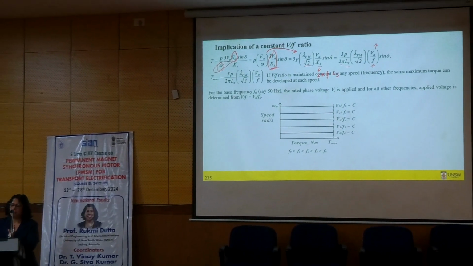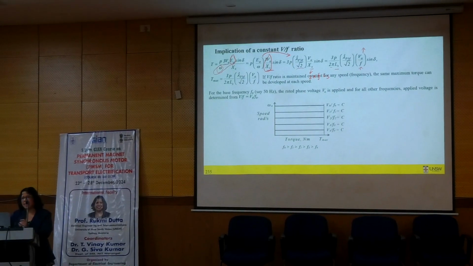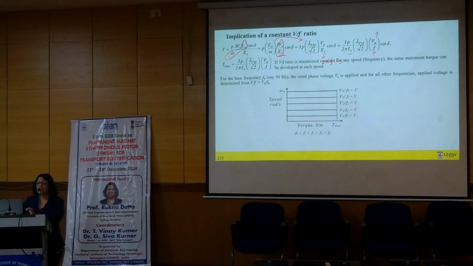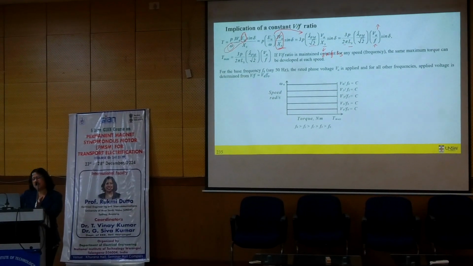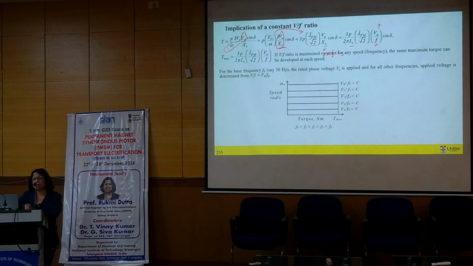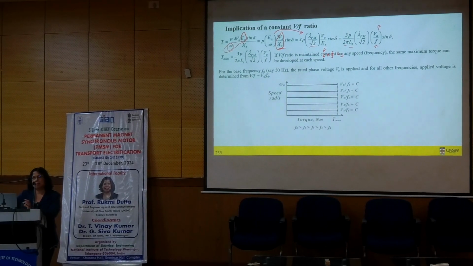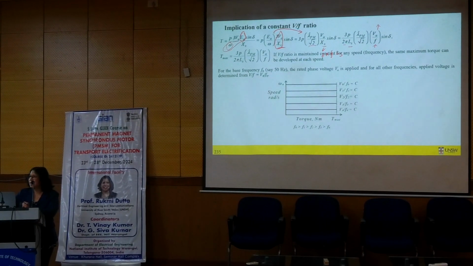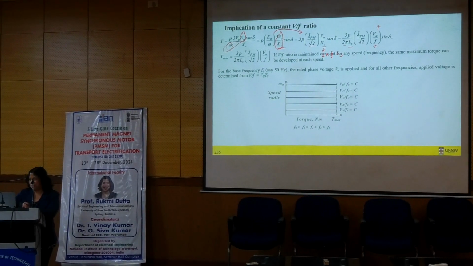I'm keeping V/F constant, running the motor, but at very close to zero speed, let's say 5 to 10% of the rated speed, I can't get maximum torque if I don't do something. The magnet flux linkage is constant.